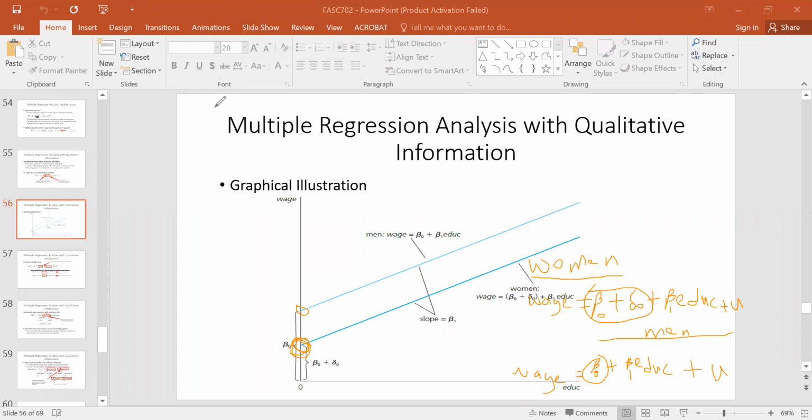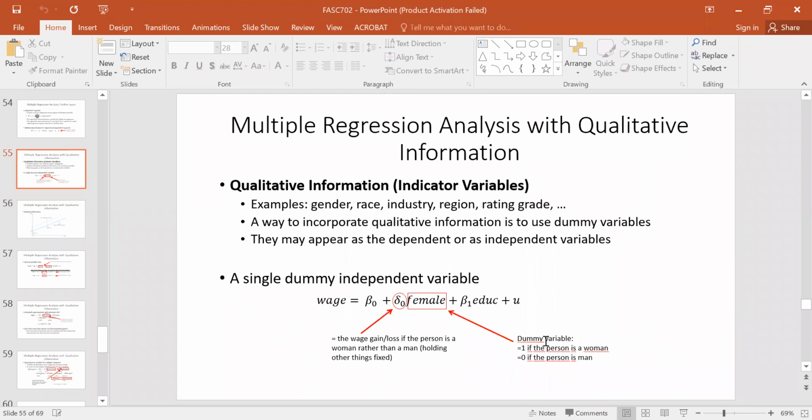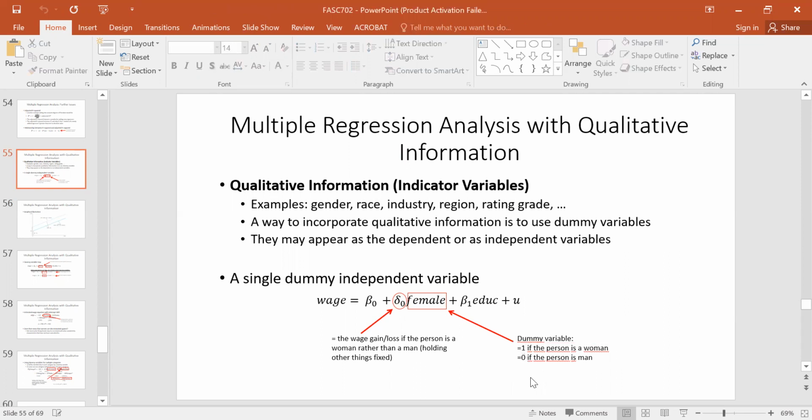Most importantly, you must know how to interpret the coefficient of the dummy variable. Female here is called a dummy variable. And delta 0 is how much more women make than men. By the way, the category assigned 0 is called the base category, and the one which is equal to 1 is the reference category. You interpret the dummy variable by comparing to the base category, and we'll see more very soon.